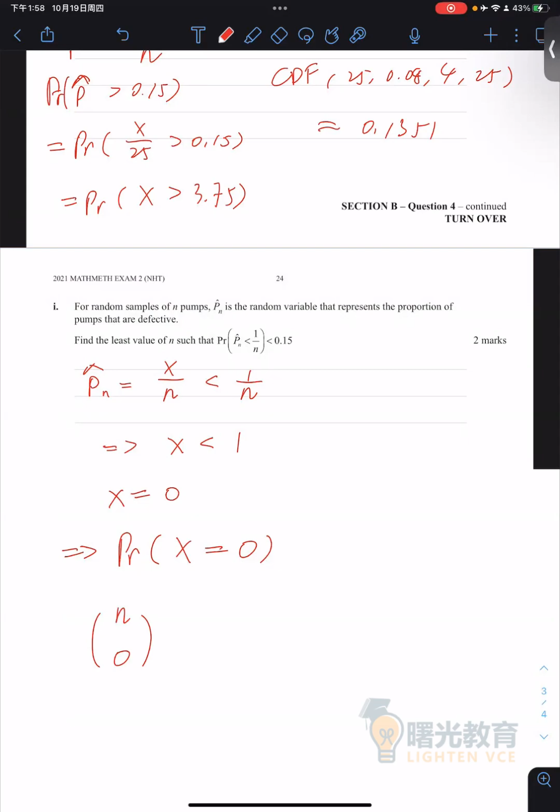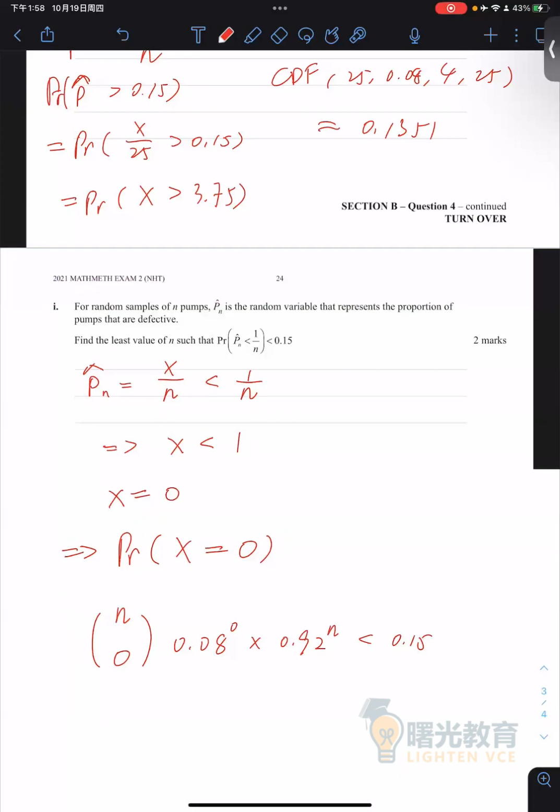Select the 0 from the n objects. Then the defective would be 0.08 to the power 0. And then the complement, the non-defective, would be 0.92 to the power n. And the answer will be less than 0.15.